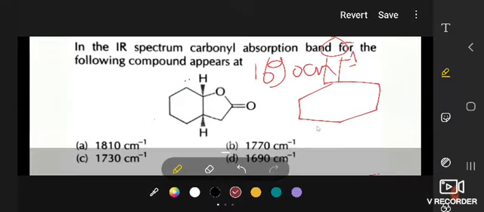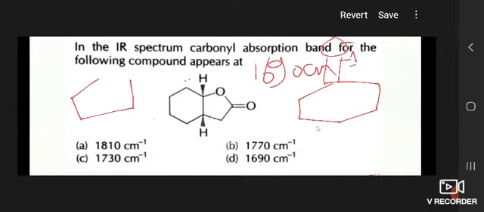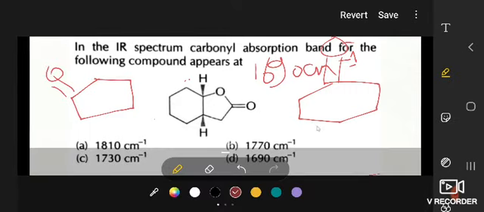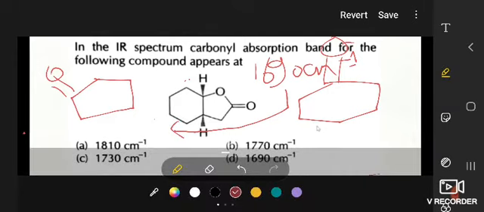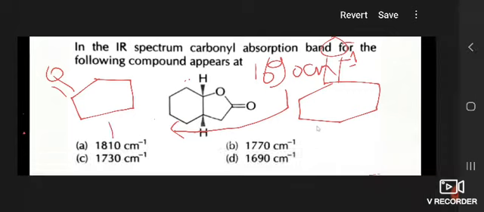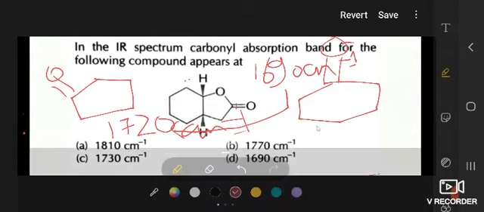then if we are searching for the IR stretching frequency of a 5-membered cyclic ketone, we have to add 25 to 30 units to this 1690 cm⁻¹, and in that way it comes to be near about 1720 cm⁻¹.